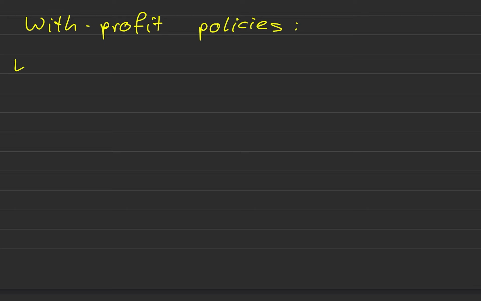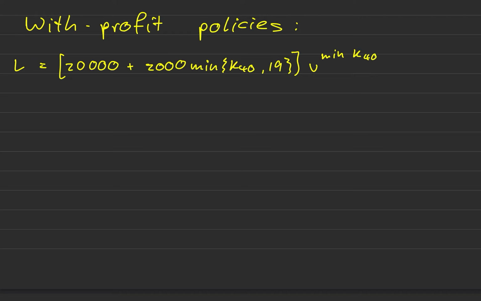My gross future loss random variable, L, will be equal to 20,000 plus, I'll explain all of this, 2,000 times the minimum of K40 and 19, times v to the minimum of K40 plus 1 and 20, plus 150 minus 2,450 ä to the minimum of K40 plus 1 and 20.